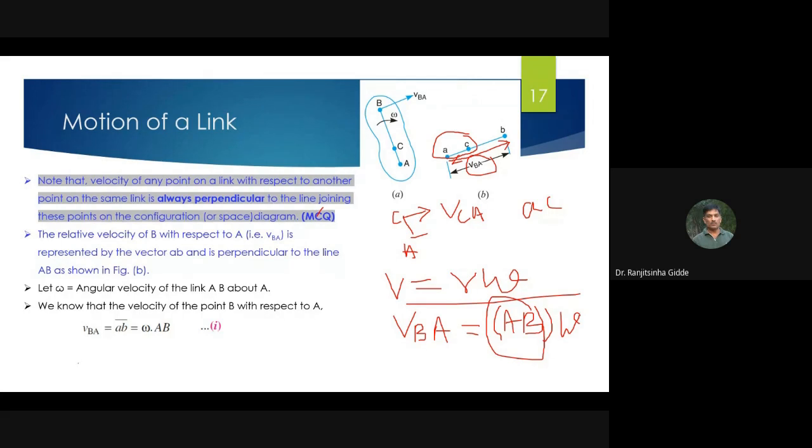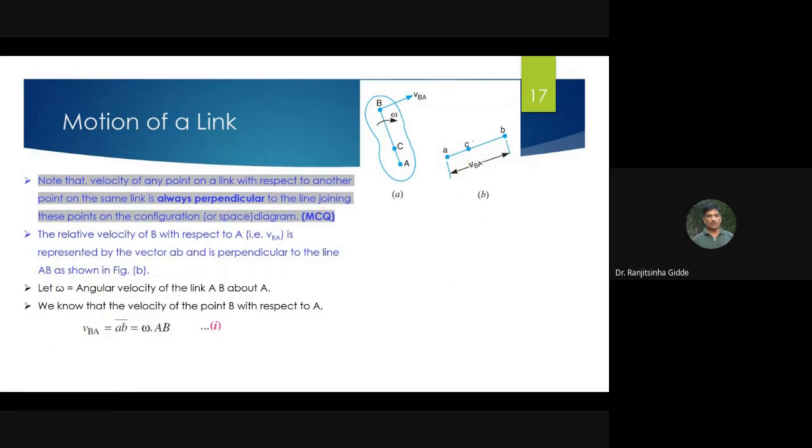So that's why in figure B, this ac is indicating the relative velocity of C with respect to A, and ab is nothing but the relative velocity of B with respect to A. Similarly, you can write VCA is equal to ac.